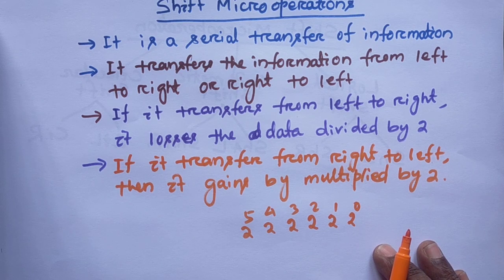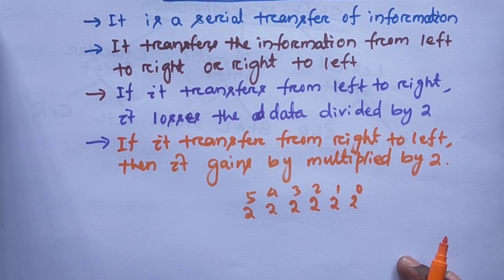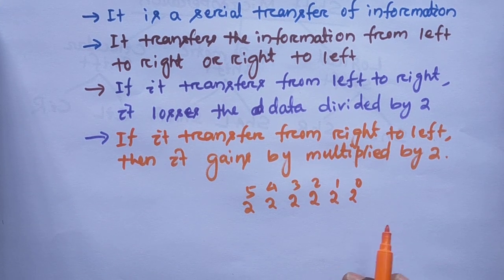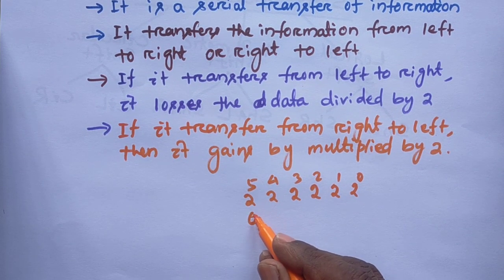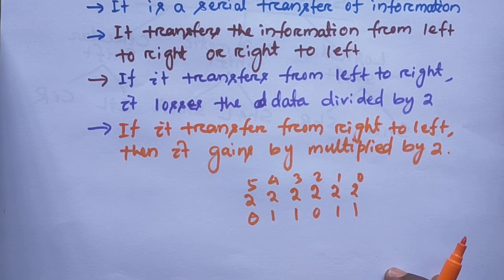Suppose we have to evaluate any data; it should be evaluated in this manner. For example, consider the data 0, 1, 1, 0, 1, 1. What is the decimal value of this binary data?